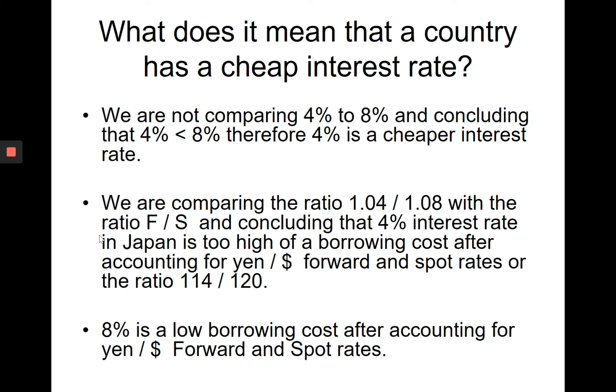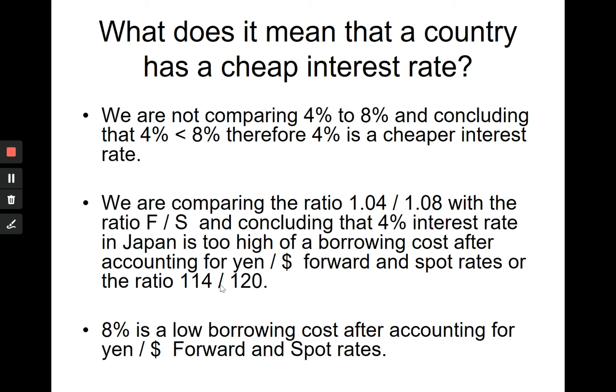We are comparing the ratio 1.04 by 1.08 with the ratio F divided by S and concluding that the 4% interest rate in Japan is too high a borrowing cost after accounting for yen per dollar forward and spot rates, or the ratio of 114 divided by 120.